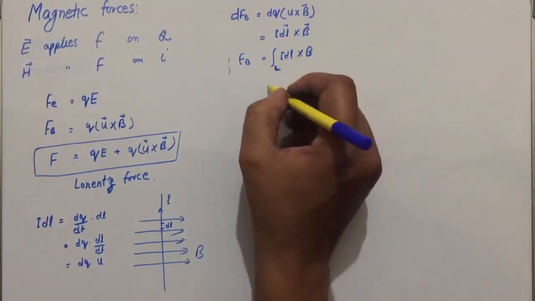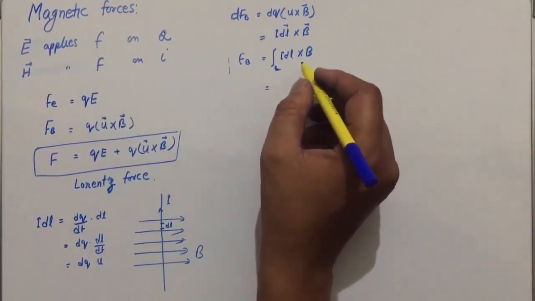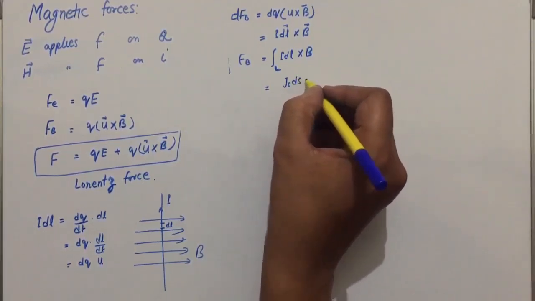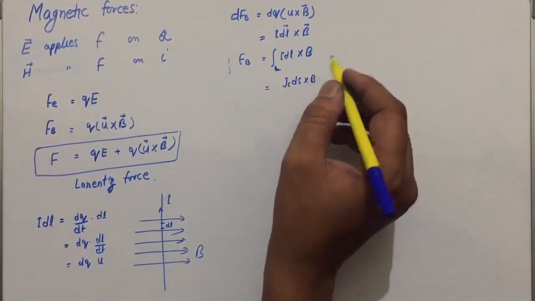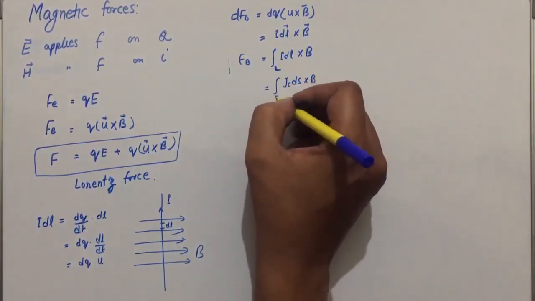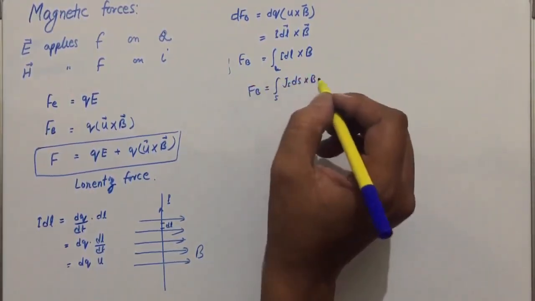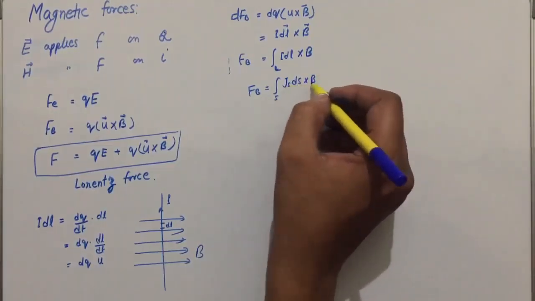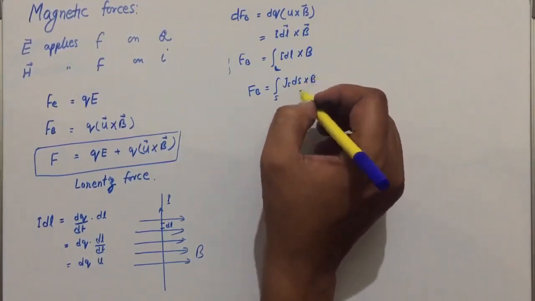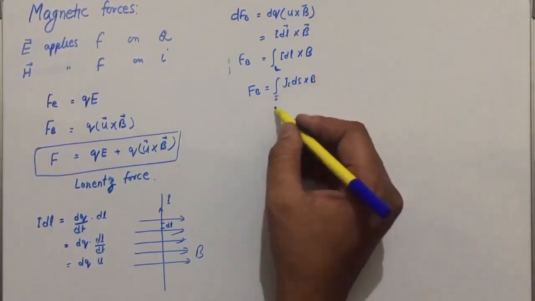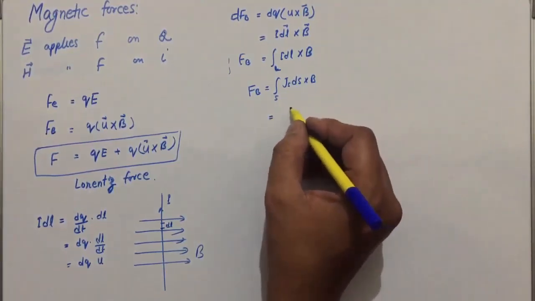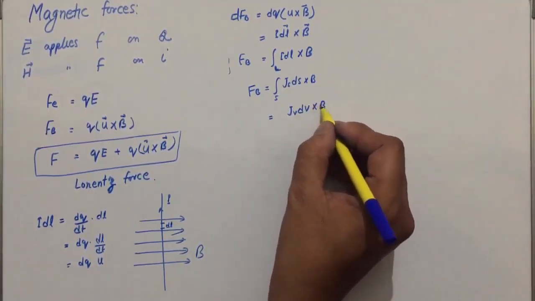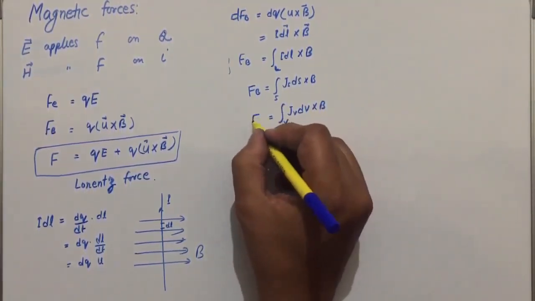If it is a surface current, then it will be Js dS cross B. For a surface, the force FB can be written like that, and Js cross B can be taken out, so we can write it in this way as well. And if it is a volume current, then we write Jv dV cross B for the volume integral.